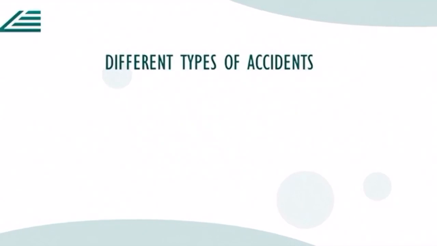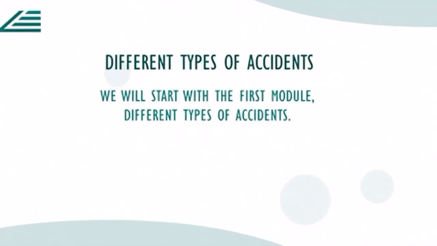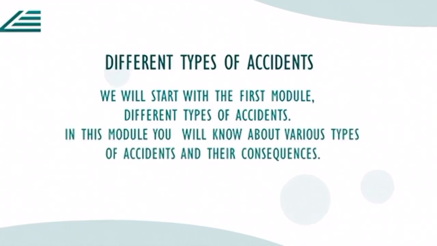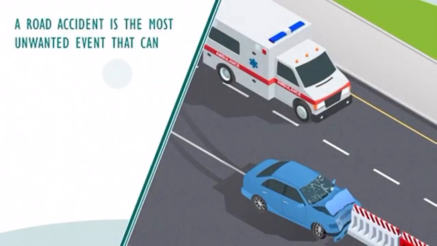Different types of accidents. We will start with the first module, different types of accidents. In this module, you will know about various types of accidents and their consequences. A road accident is the most unwanted event that can happen to a road user.